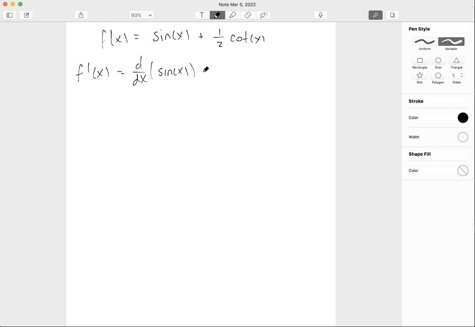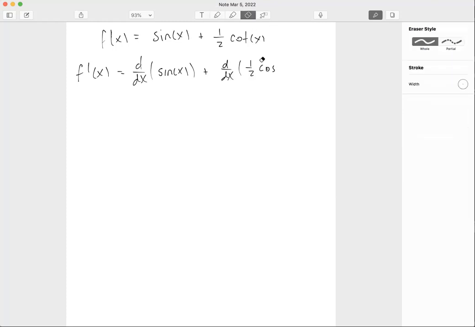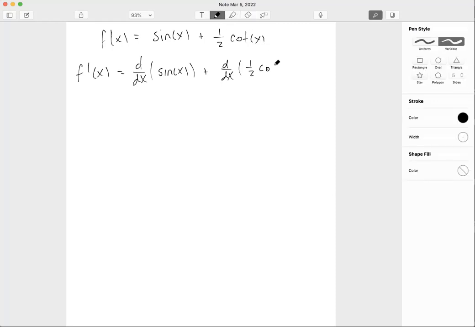So we can just take the derivative of each. And then here we could use the fact that the derivative of sine is cosine. And then maybe we could use the constant rule here.